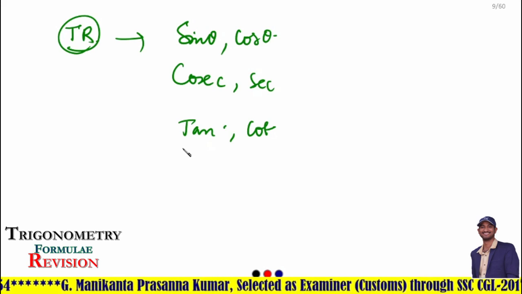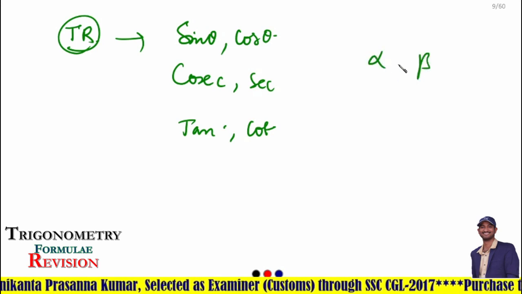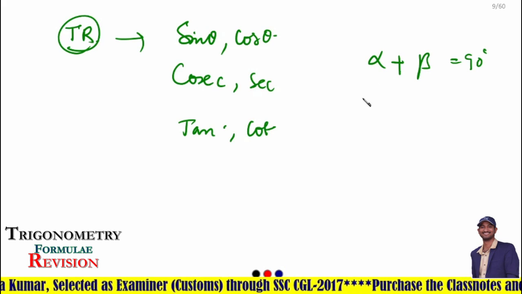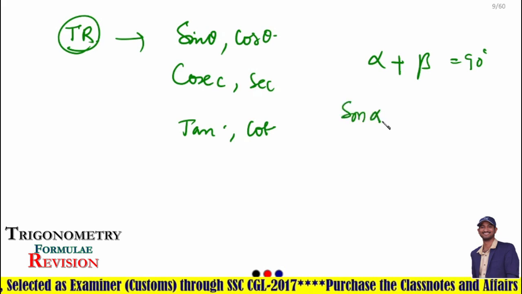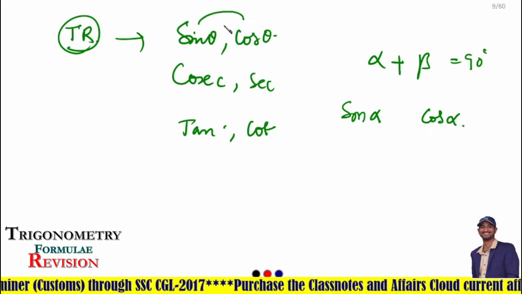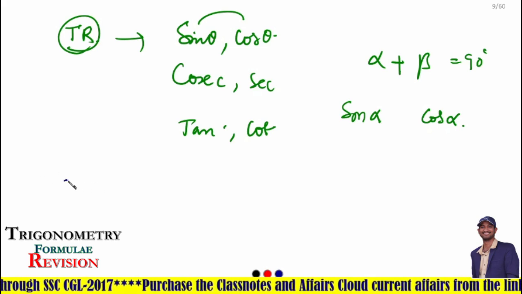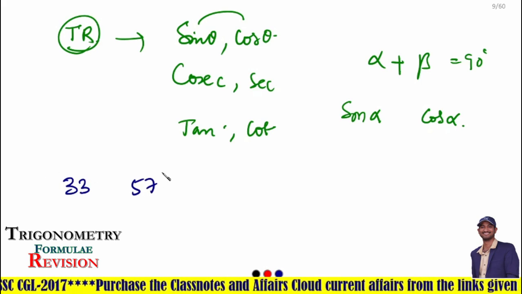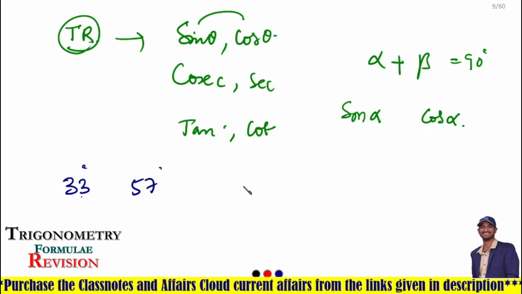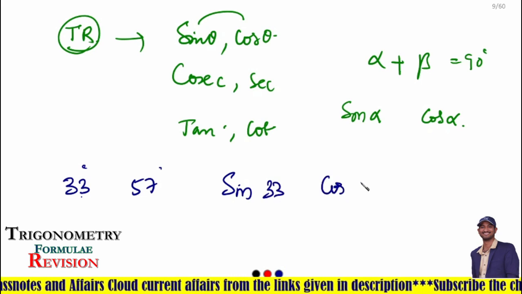That means whenever there are two angles, alpha and beta, if the sum of those two angles is 90, then I can write sine of one angle is equal to cos of the other angle. Suppose there are angles 33 and 57 degrees. The sum of these two angles is 90. So sine of one angle is equal to cosine of the other angle.